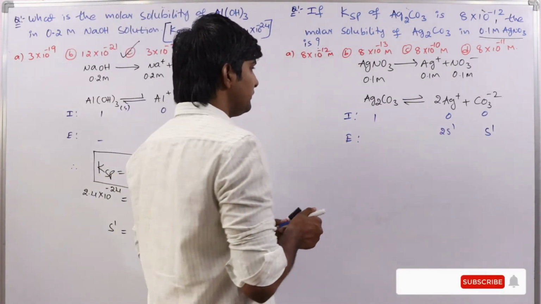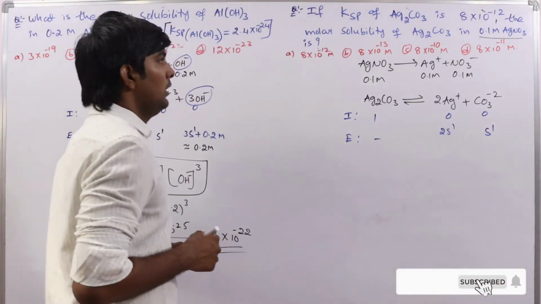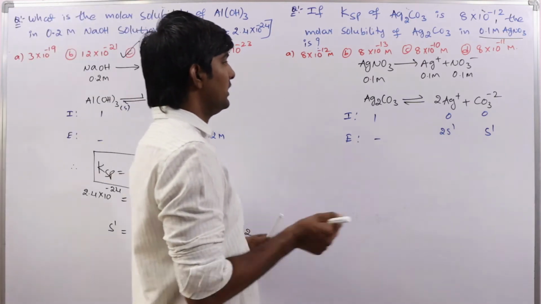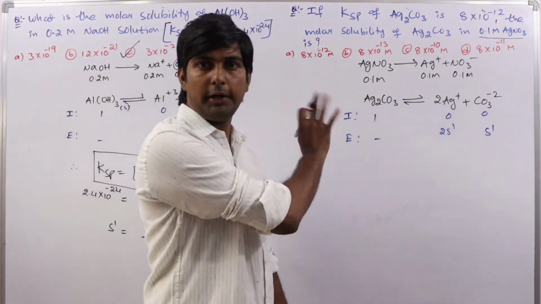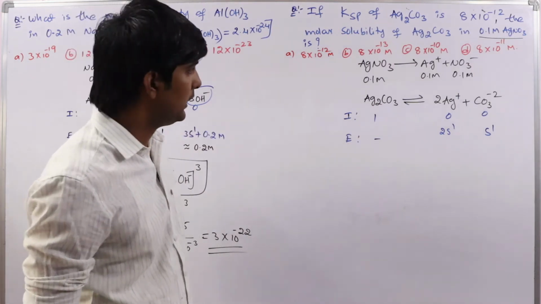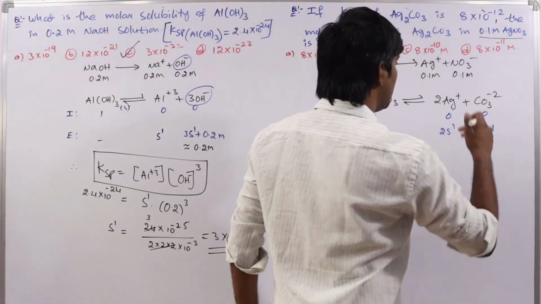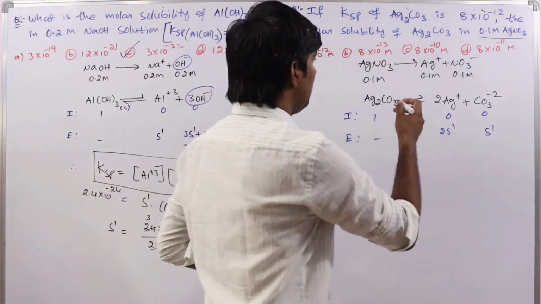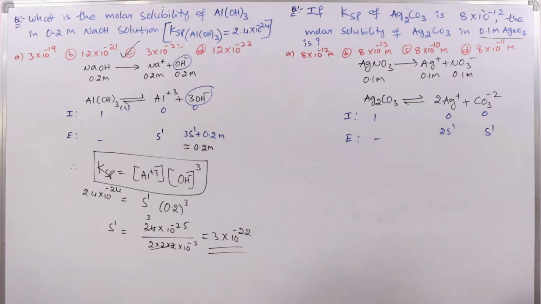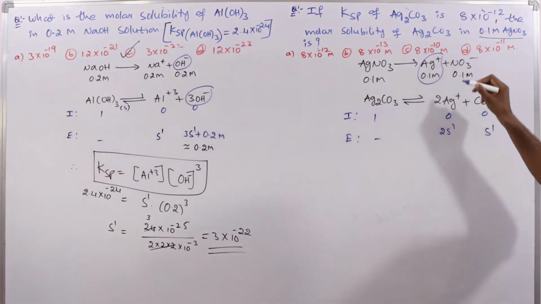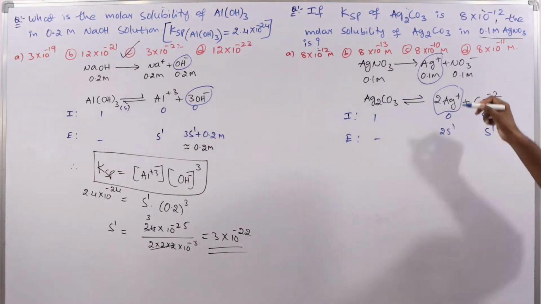Okay. So here, see, don't think about this one, forget about it, this will not appear anywhere in the problem. Only we need the ion concentrations. Clear? So now here, what is the common ion that you should identify? See, this is the common ion, right?